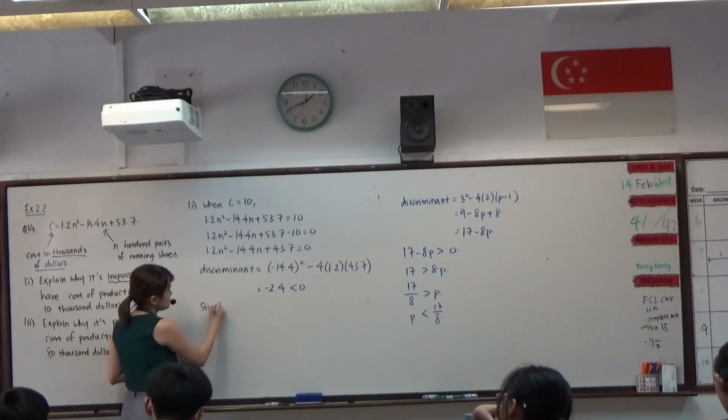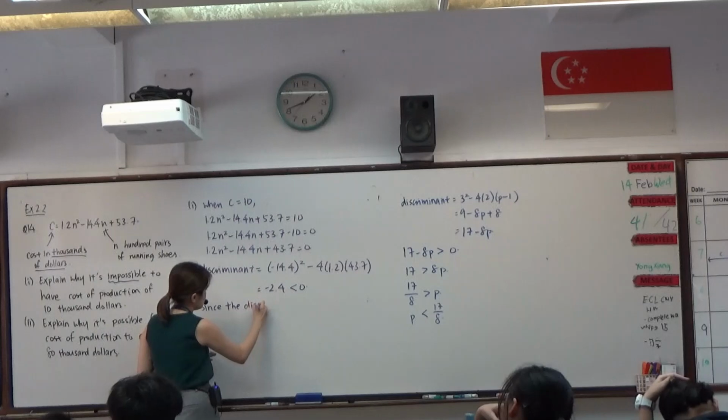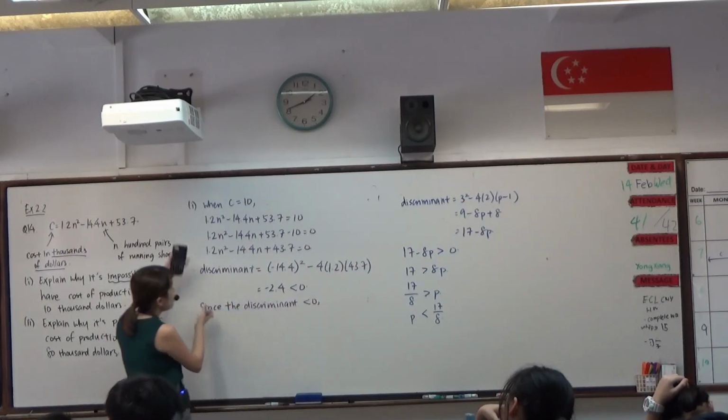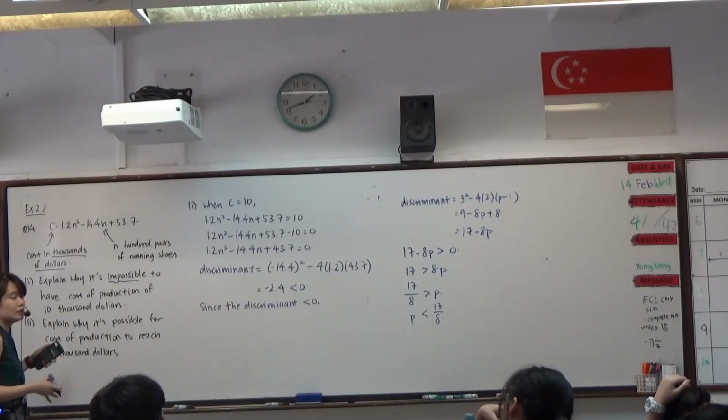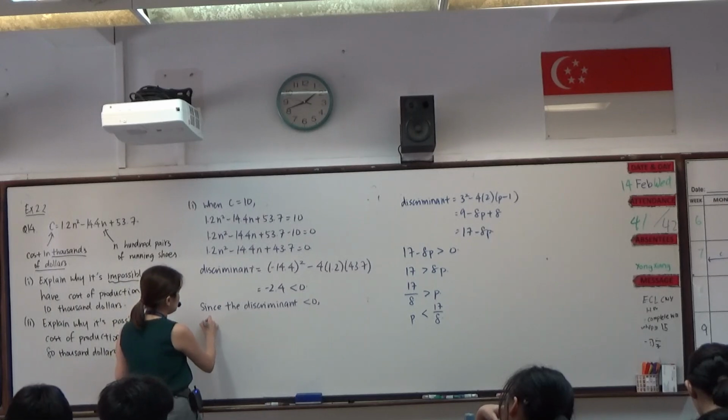So to explain it, we say that since the discriminant is less than 0, all this forms part of your explanation. We just have to end off with the conclusion that the discriminant is less than 0.